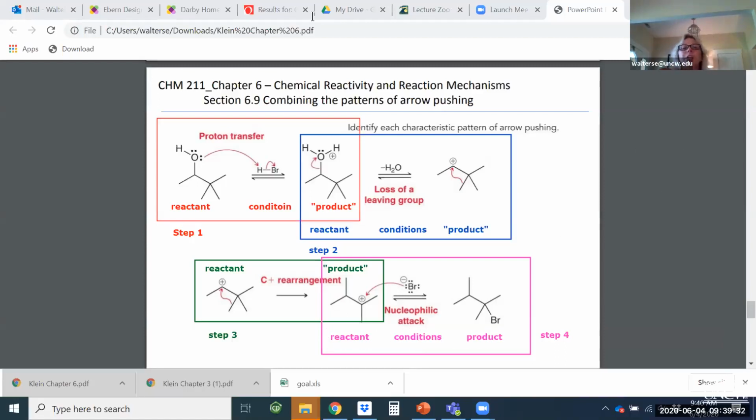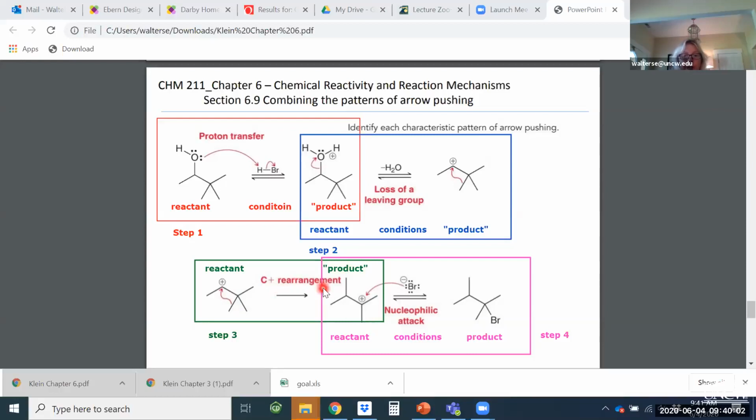So if you look at what's happening, you have a proton transfer to make this species. Once this species is formed, water is being broken off. It's leaving. So this is the loss of a leaving group to make a carbocation. The carbocation is secondary. A methyl shift is shown to form a tertiary carbocation.